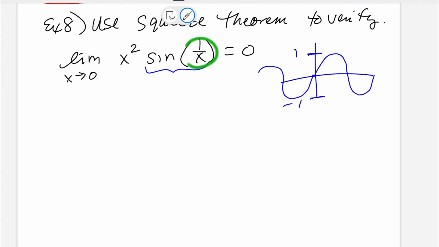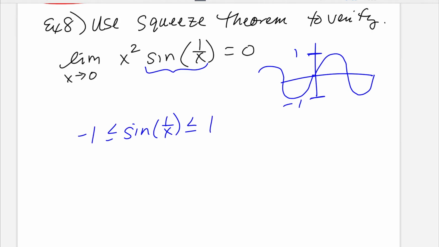And here's the other kicker. This 1 over x, that's just a transformation. It's just affecting my period, because it's that inside part. So I know that my sine of 1 over x is going to go between -1 and 1. Then you build on that. My goal is to get this whole thing figured out.